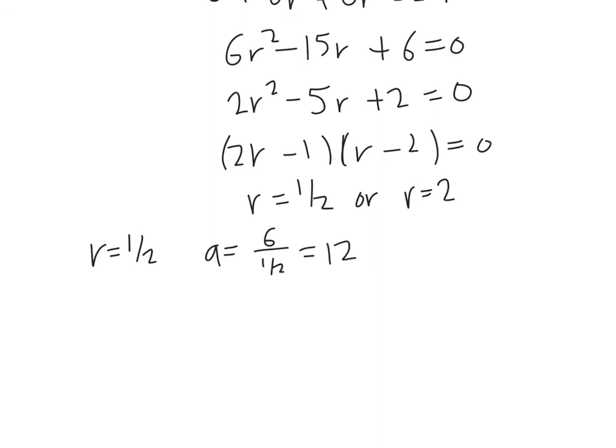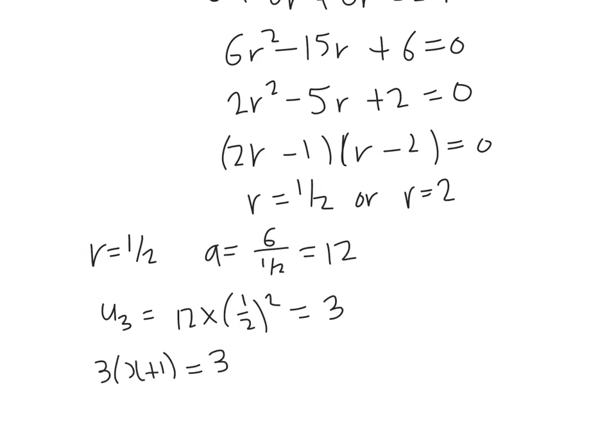And then u3 is ar squared, so it's 12 times 1/2 squared, which is 1/4 times 12, which is 3. So the third term we know is 3 brackets x plus 1, and when r is 1/2, it would be 3.